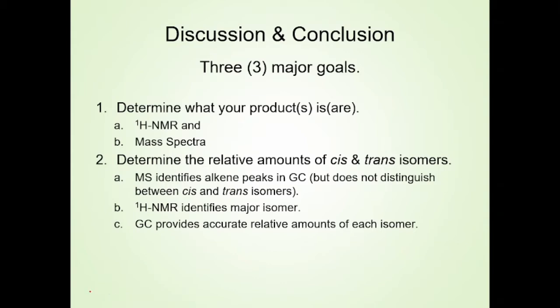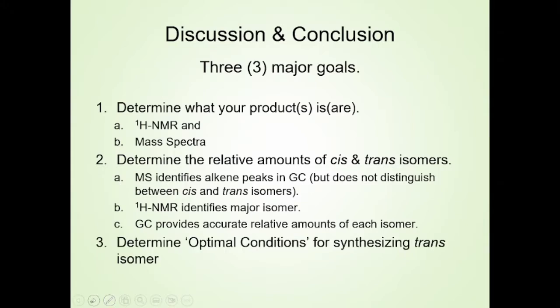Okay. And then the third goal, the reason that you all had different conditions, is to determine what the optimal conditions are for the synthesis. Which one gives the best results? And so that's the third thing that we'll be looking at.